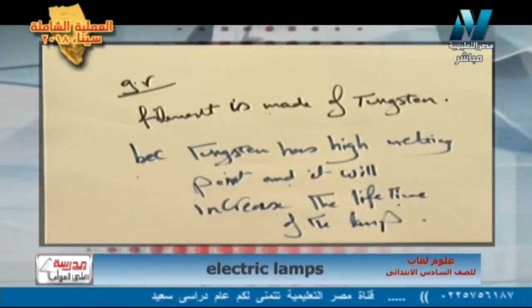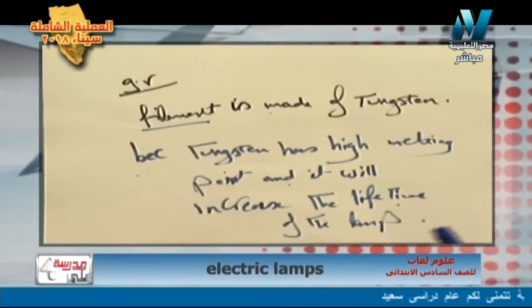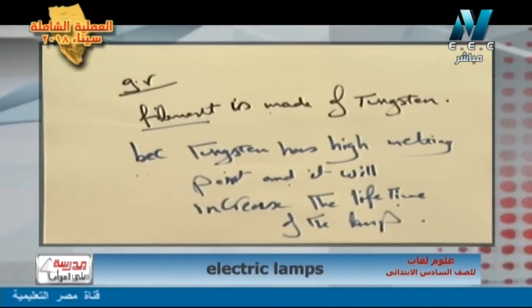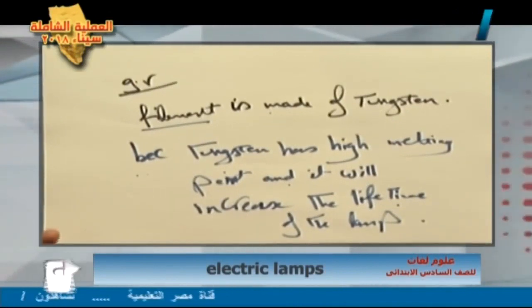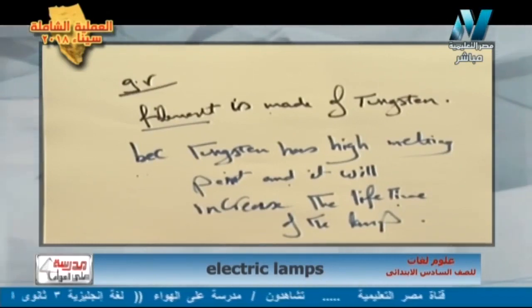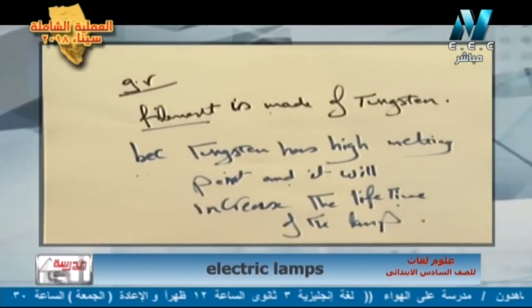Okay, so again the question says the filament is made of tungsten. Why did we choose tungsten specifically? Because tungsten has a high melting point and it will increase the lifetime of the light bulb.